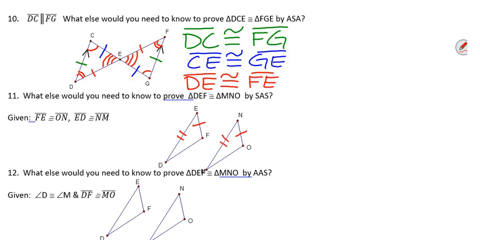And then we're supposed to prove that these two are congruent by side, angle, side. So side, angle, side means the angles between the sides. So we want to go ahead and mark that angle that we're going to talk about. So that would be it. That's now side, angle, side, and side, angle, side. So it would mean that angle E would have to be congruent with angle N.